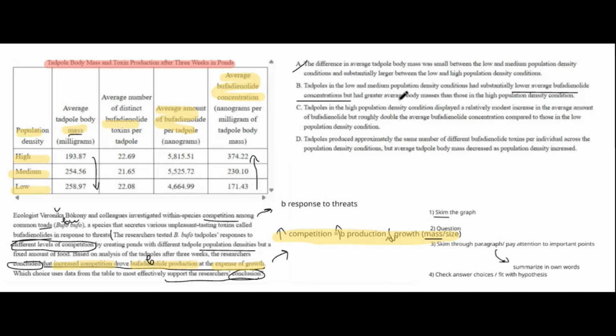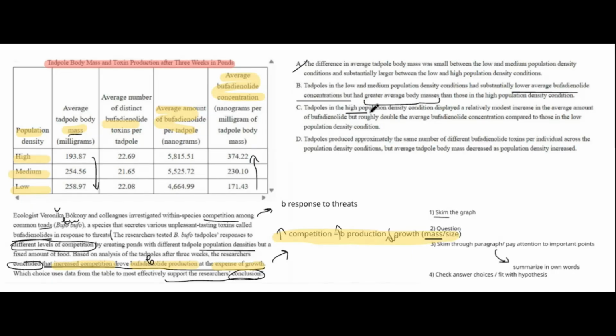And this does support their claim because we would expect as competition rises for B production to also rise and growth to lower, which means that in higher population density conditions, the B will be higher and growth will be lower compared to low and medium density conditions, which makes us leave B for a while.